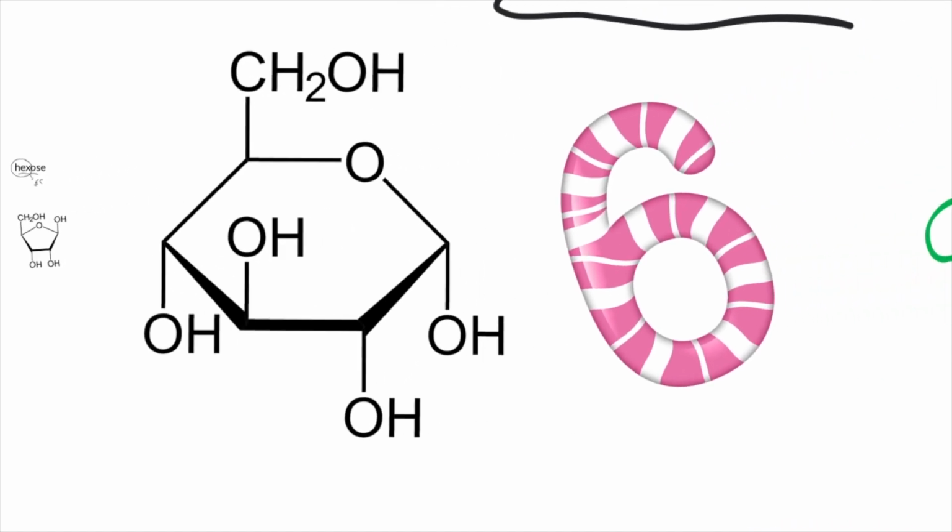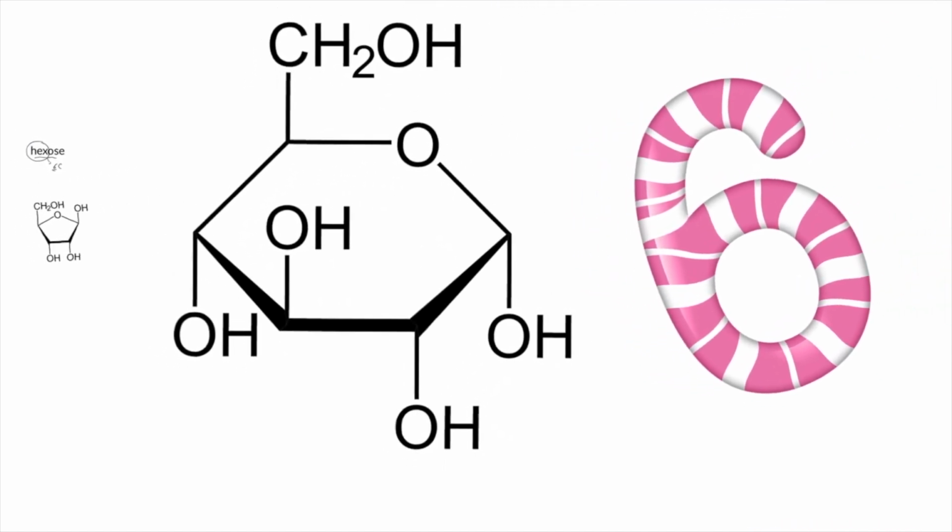A good example of a hexose is glucose. So this is a glucose molecule. It's a hexose because of 6 carbons, 12 hydrogens, 6 oxygens. We usually represent monosaccharides and disaccharides in diagrams like this one here. Luckily, you don't need to learn how to draw those molecules, but you need to be able to recognize where the carbons are, and later on you need to learn how to join them in a condensation reaction.